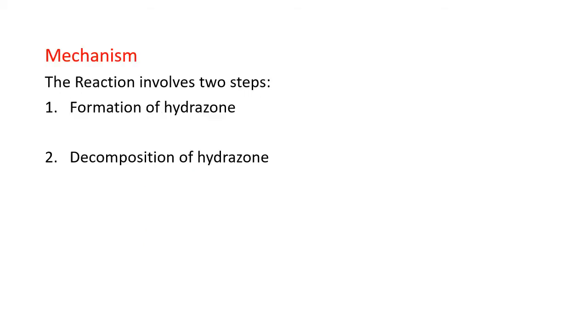Now let us see the mechanism of the reaction. The mechanism involves two steps. First step is formation of the corresponding hydrazone. It is a condensation product of the carbonyl compound with hydrazine.